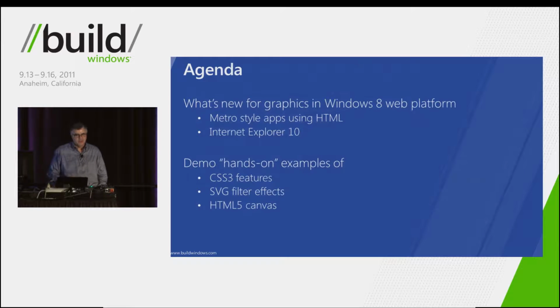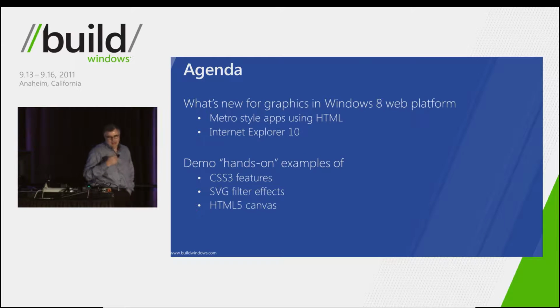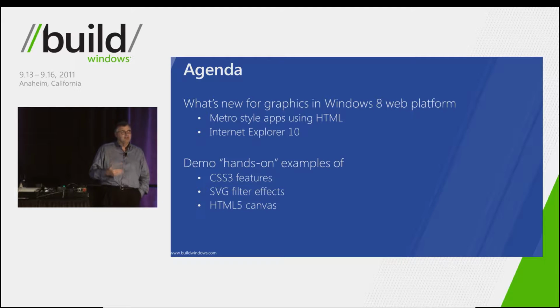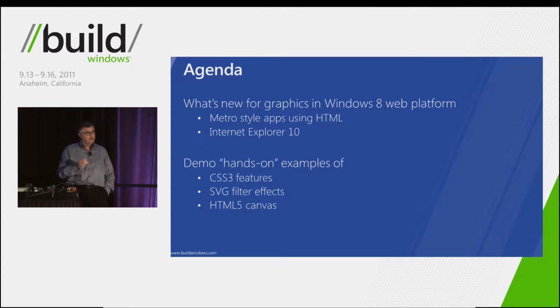So what are we going to talk about today? I'm going to really talk about the graphics platform of the Windows 8 web platform. That's, of course, in Metro-style apps and Internet Explorer 10. So folks building for the web, this also applies to you.